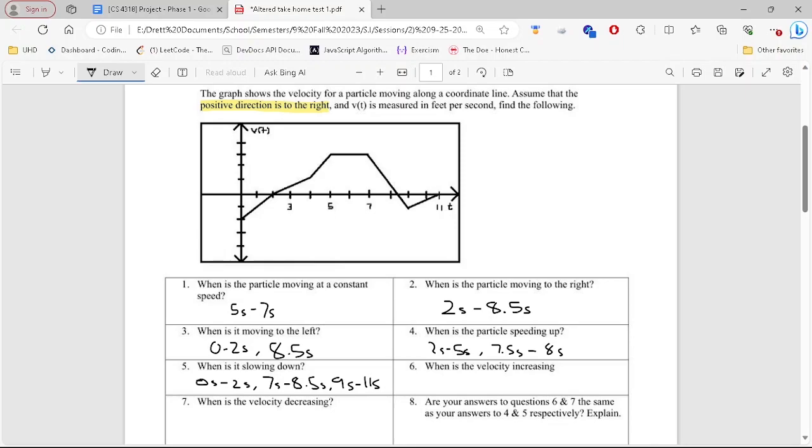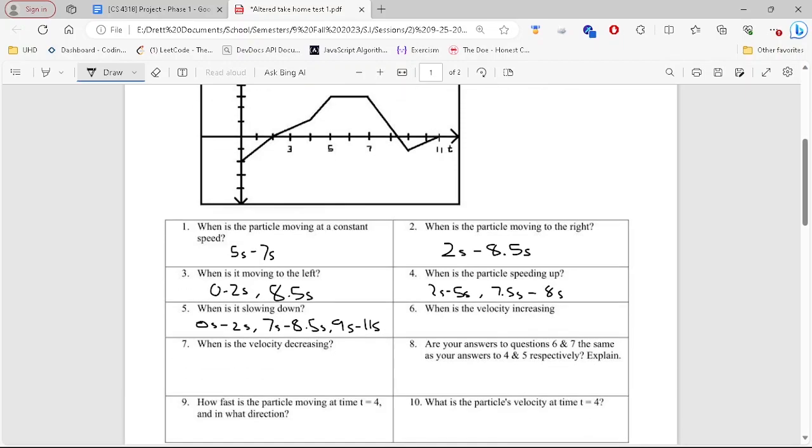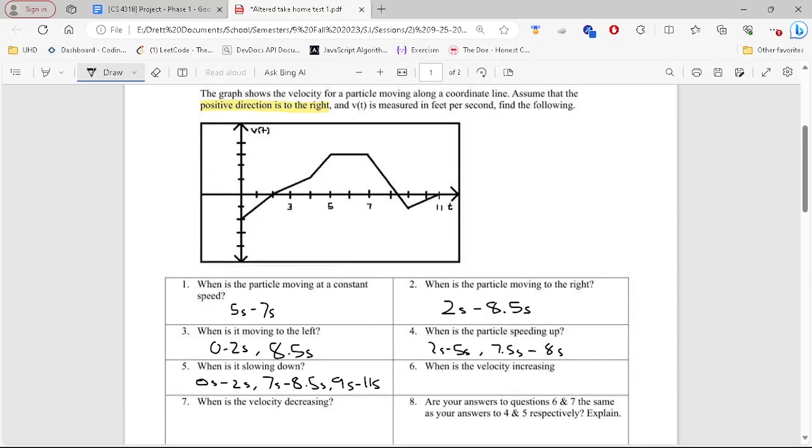So let's see. How we would do it is we would calculate the difference between two different points. We would go this point minus this point, and I will show you why it's this point minus this point, not the other way around. So we're going to do it by the first method, the correct method.